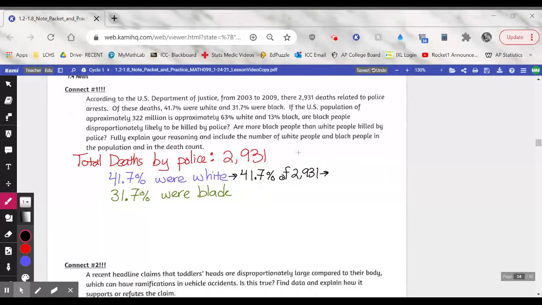You can think divide by 100, or you can think to move the decimal 2 places to the left. So I'm going to take 0.417 and multiply it with 2,931. And we get 1,222.227. So that's approximately 1,222 white deaths.